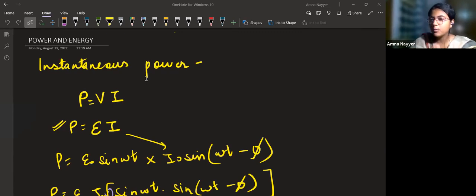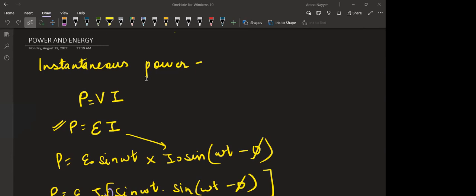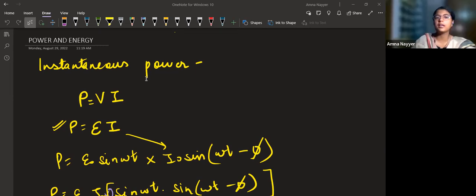What was the term that was assigned to cos phi? There was a certain term, no? We said that cos phi is also known as power factor. Good. So basically your power that you refer for an AC circuit is ERMS, IRMS into cos phi.